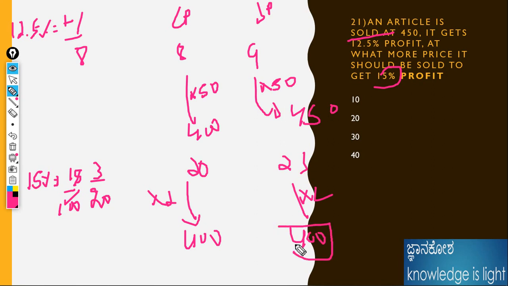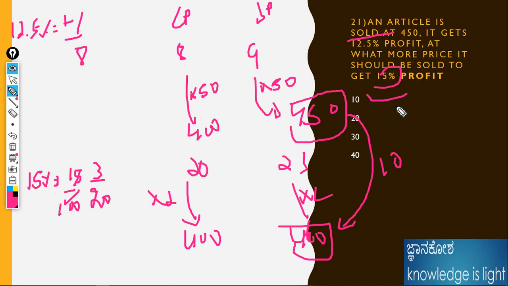What is the difference between 460 and 450? It is asking how much more price it should be sold at. That is the question. The answer is only 10. A 10 more price is the answer for this question. Got it?